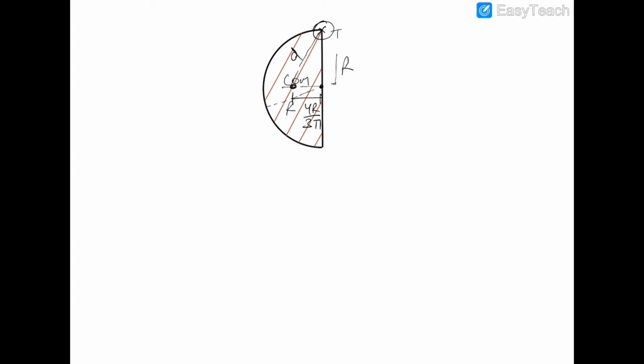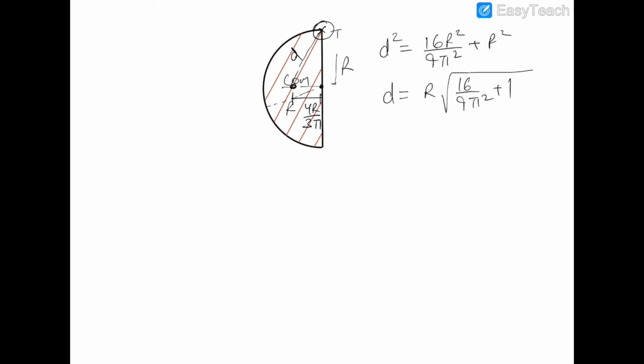So by applying the Pythagoras theorem, d square is equal to 16r square by 9 pi square plus r square. So d will be equal to r under root of 16 by 9 pi square plus 1.